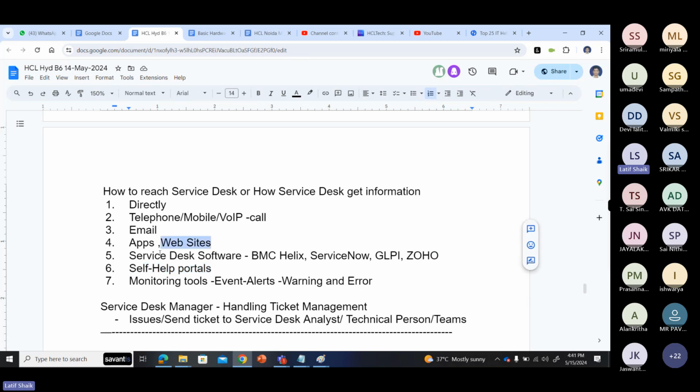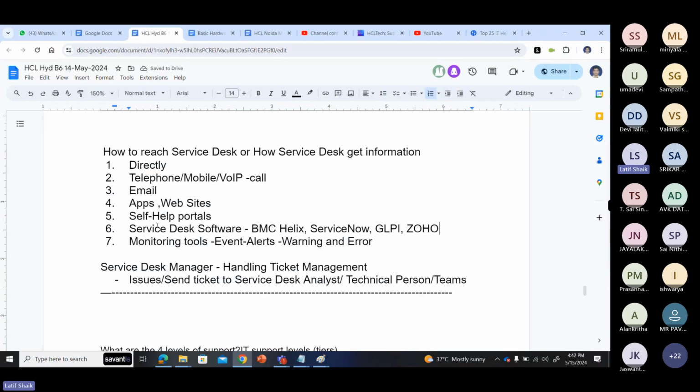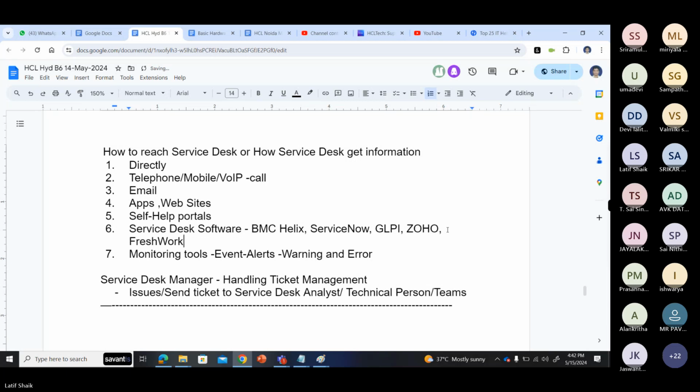These websites, apps and self-help portals can be created using different service desk software. Already I told about BMC Helix. BMC Helix is one of the software, and ServiceNow, GLPI, Zoho, Freshworks, OS Ticket.